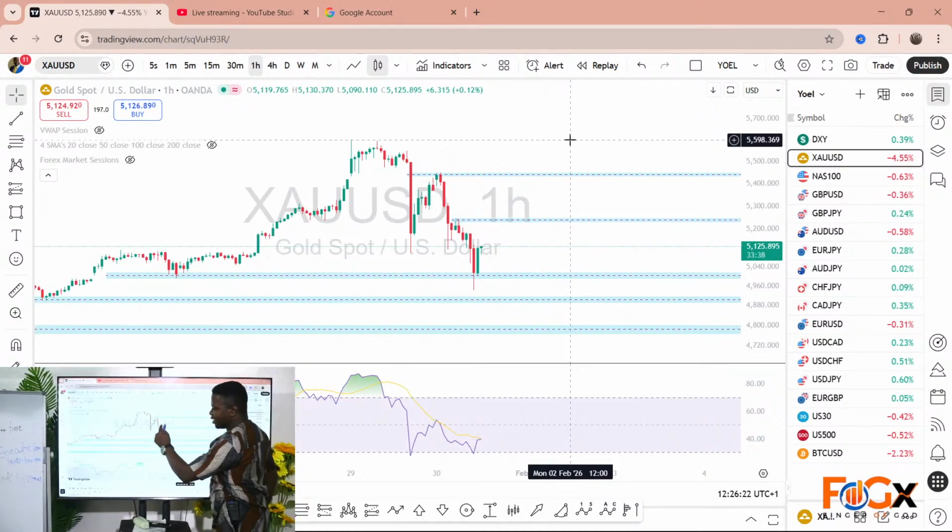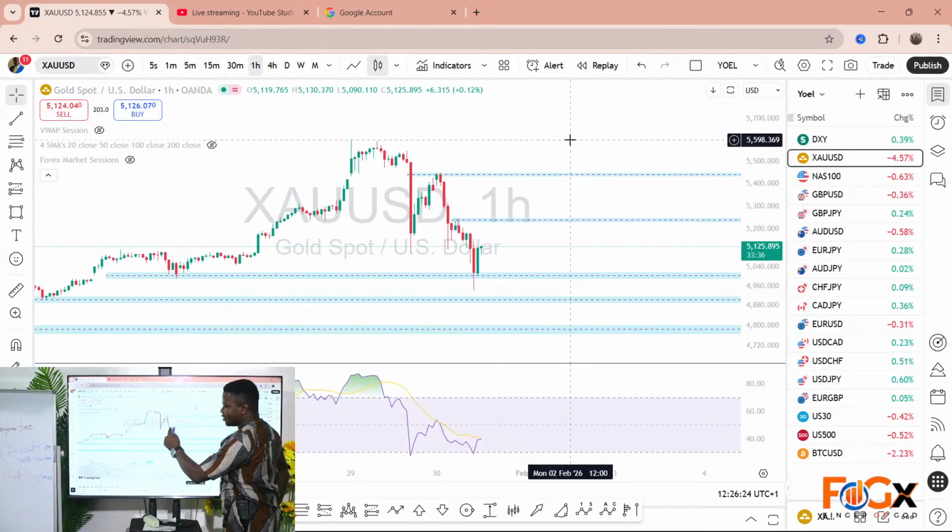You will see price rejecting, forming some rejection here. Then this is another area of resistance. Price got here and collapsed from here. Price from here also rejected and then collapsed.